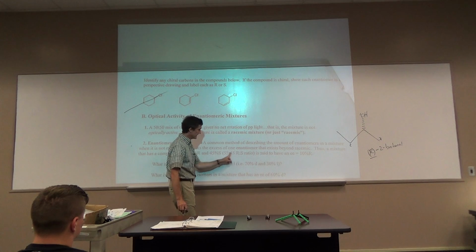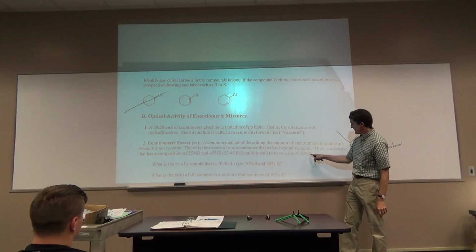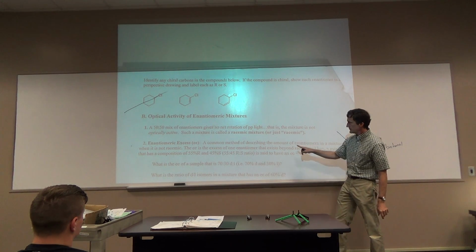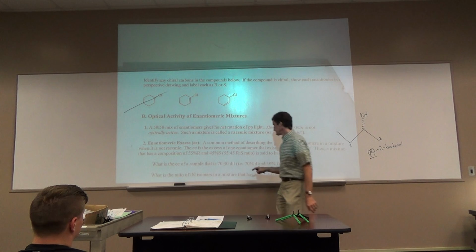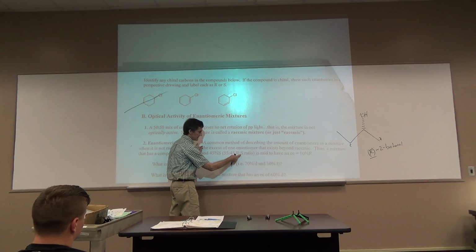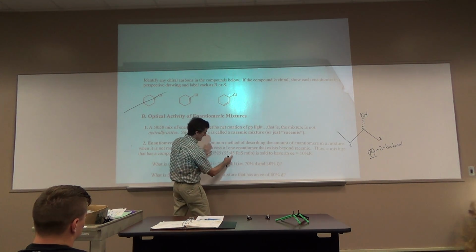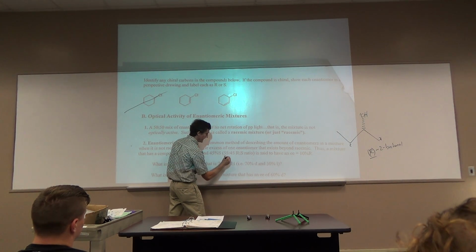That's how we describe this mixture. You could describe it like that, but this is another common method. We need to know what it means, 10% R. What did I say up here? It's the excess beyond racemic. Let's look at this. You got 45% S. What would cancel this out and be racemic? 45 of this one. 45 and 45 would cancel each other out.